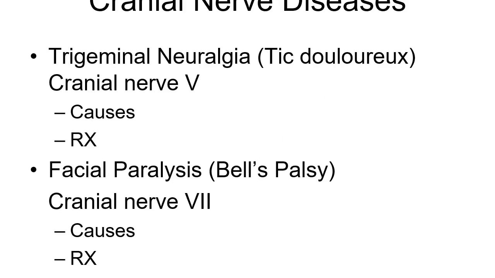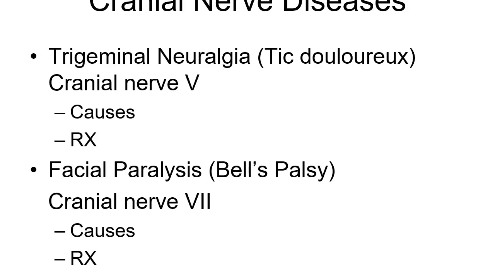There's a couple of cranial nerve diseases that like to come up on the NCLEX. One of them is trigeminal neuralgia, an inflammation of cranial nerve 5. And what's causing it is irritation of nerve fibers, traumas to the jaw, the teeth, the ear, infections, that sort of things. And the pain can be excruciating.